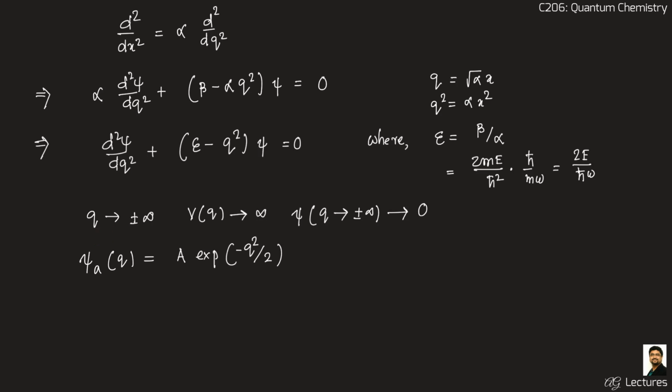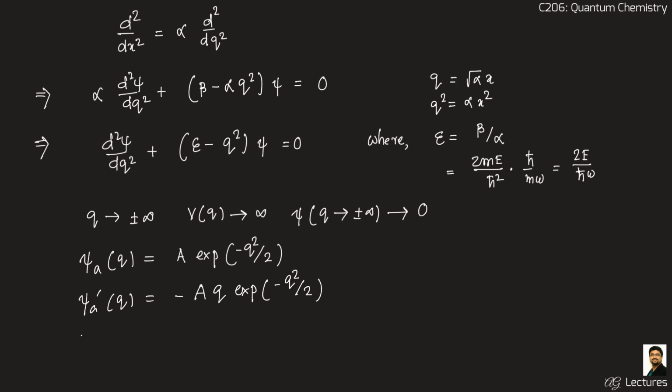Now we can check whether this particular solution works properly for the equation. For that we first have to calculate the second derivative, but before that we have to calculate the first derivative, which is equal to minus A times q times exponential of minus q² over 2.